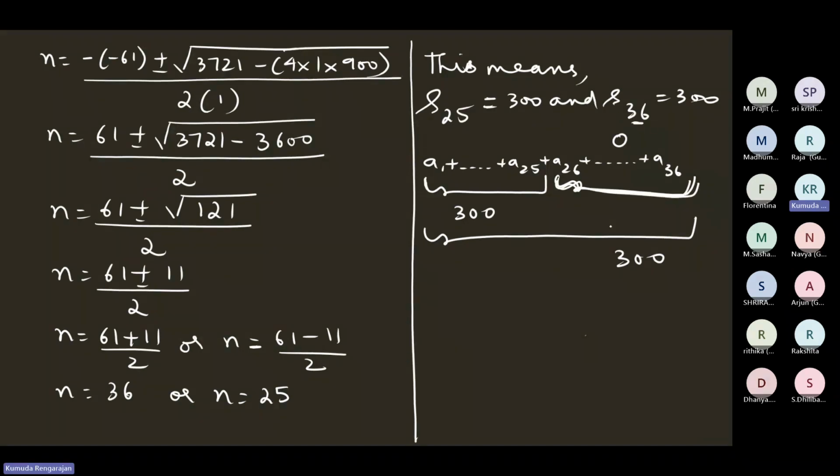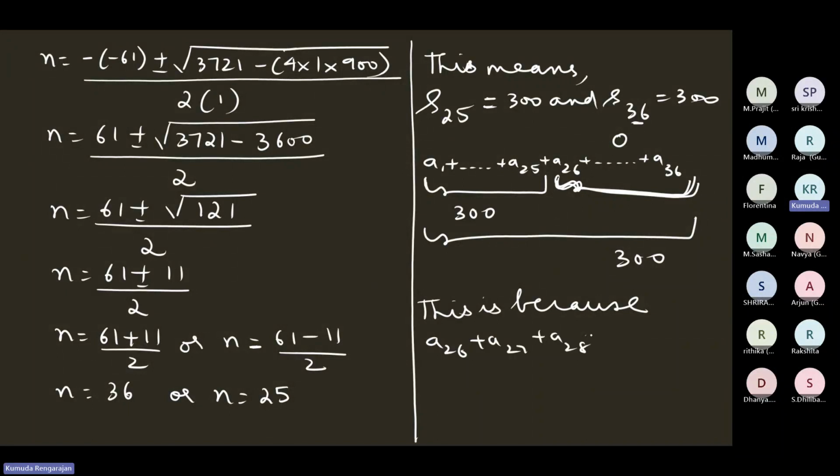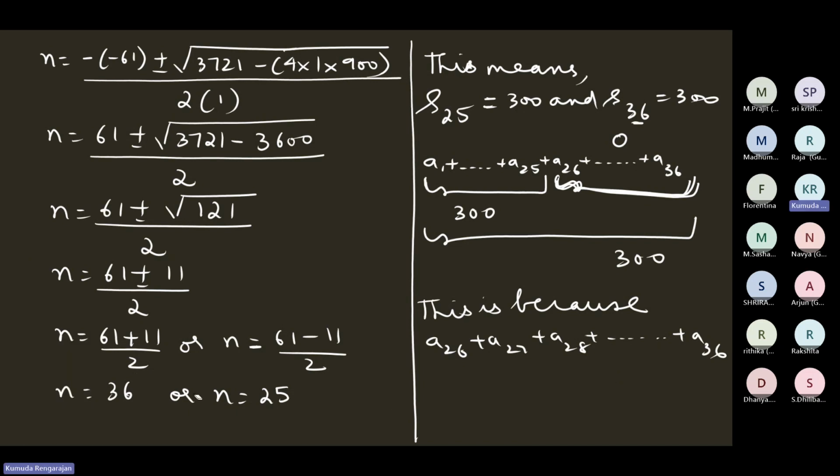So here S25 is equal to 300, S36 is also 300. You can see this here. So the reason is that A26 plus A27 plus A28 like this till A36, oh sorry, is 0.